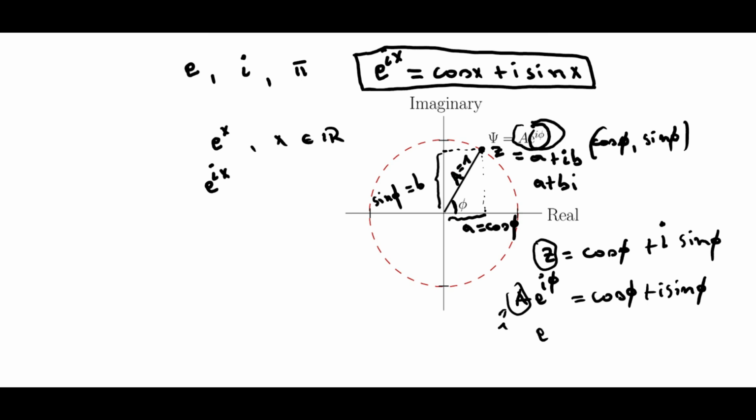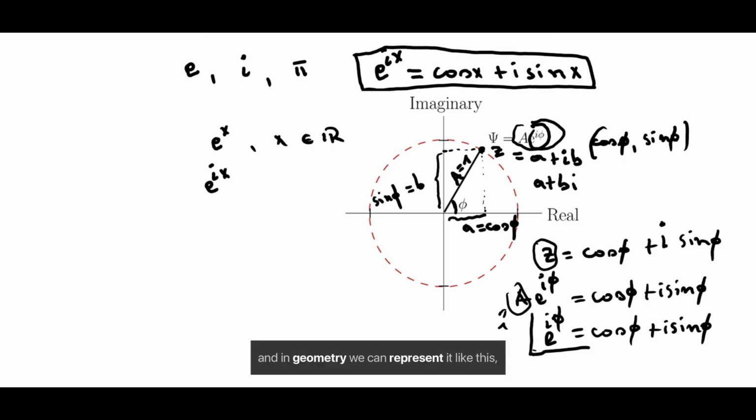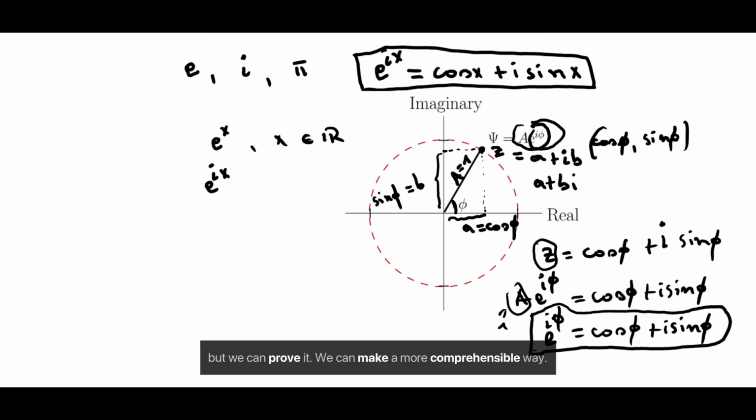So we have e^(iφ) = cos φ + i sin φ. So this is the geometric representation of our Euler formula, and in geometry we can represent it like this. But we can prove it.